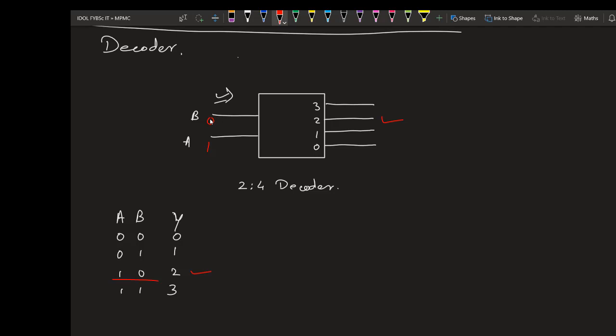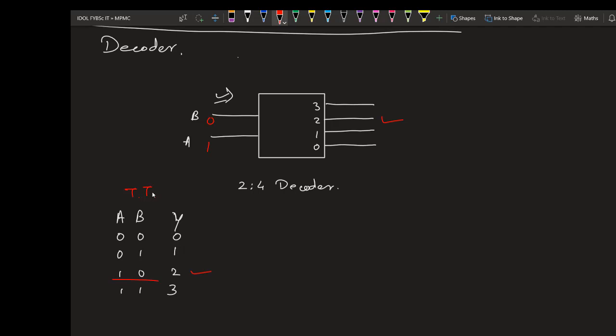Whenever I see the output of the decoder and I can see which output is glowing, let's say output 2 is glowing, then I can identify that the A input has to be 1 and the B input has to be 0. This logic symbol will be like a truth table. I will be giving you this as a general result. I will say that this truth table is always true in the case of a 2:4 decoder.